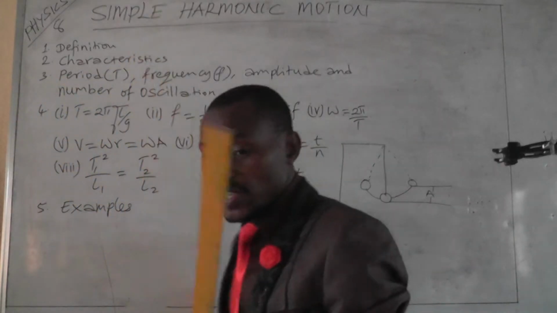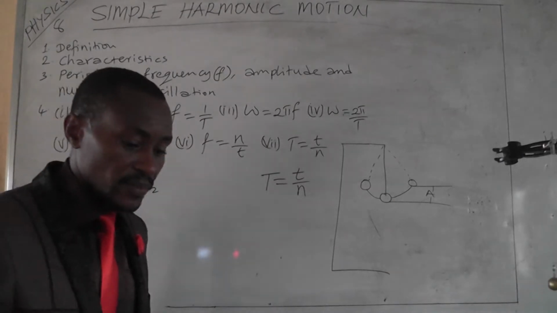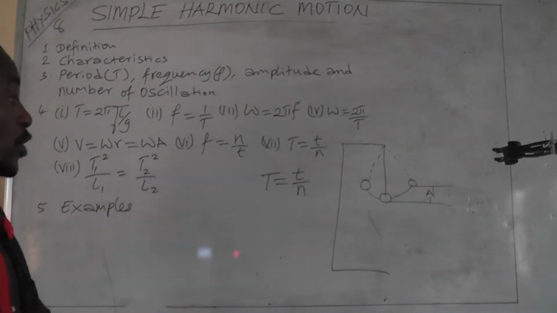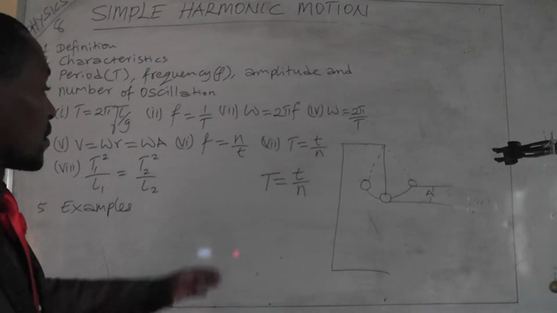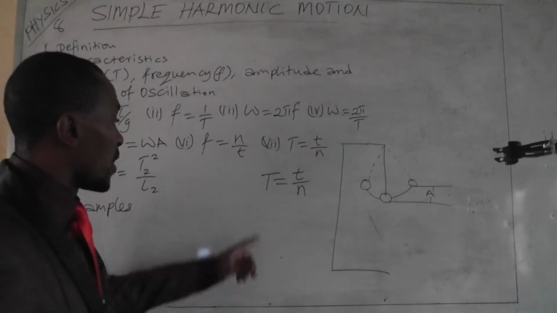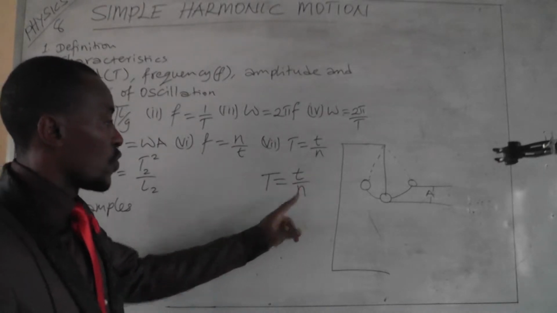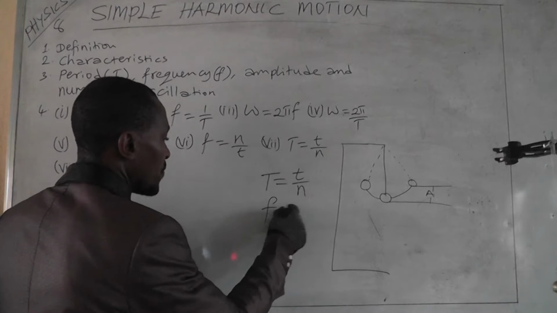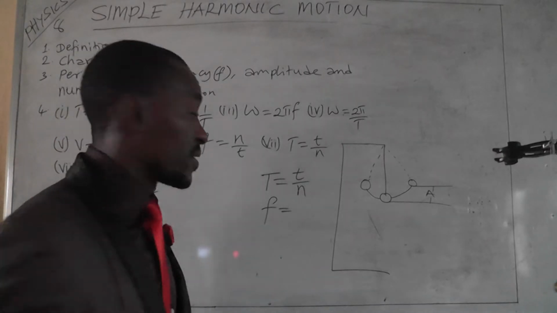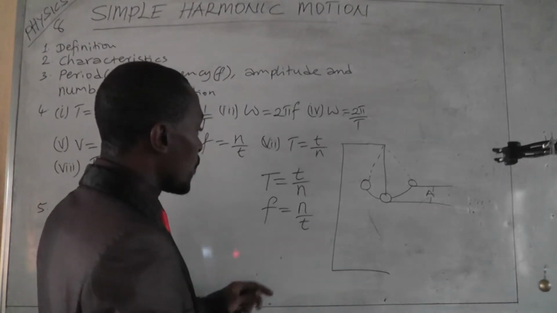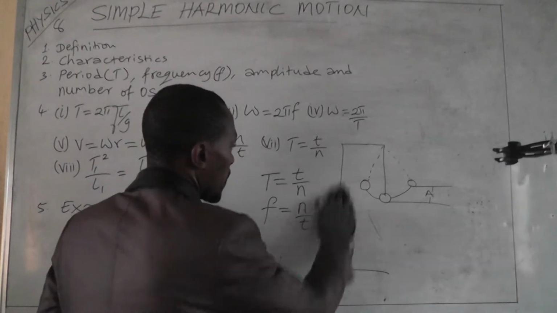Now let's check this, because I remember promising that I'm going to show the relationship between period and frequency. If we have period T equal to small letter t over n, and remember frequency, we define it as the number of oscillations per second, so we'll have number of oscillations over time: F equals n over t.